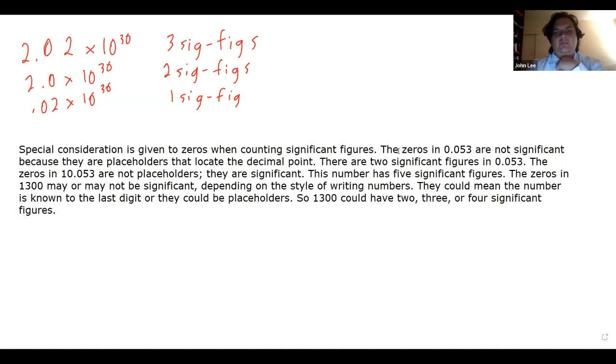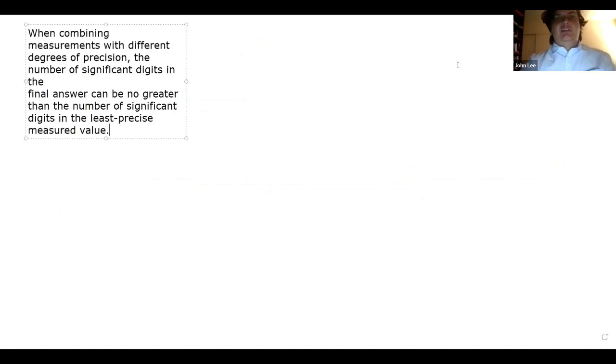When you talk about significant figures and the calculations that you do with them, you can't be more precise than the lower bound of your significant figures. If you have some measurement with a ton of significant figures because it's very precise, and then you add it to something that isn't very precise, you're not going to be able to be more precise than the less precise measurement. Even though one of your measurements is very precise, the other one brings it down to its level.